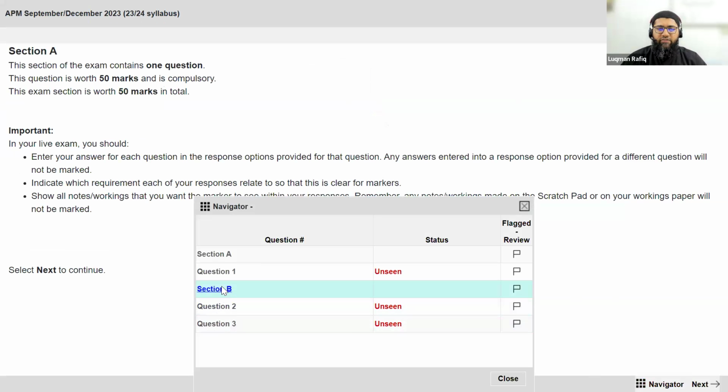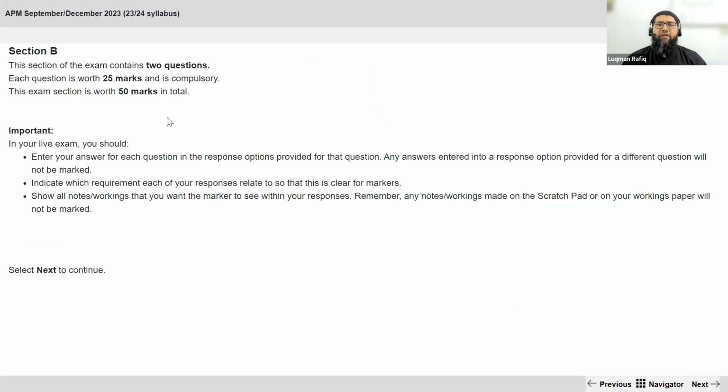I'm heading towards section B, and in this section B, there are two examination questions that you get. Each question is worth 25 marks in total, and there are 20 marks for the technical, and 5 marks for the professional marks. So that's how it makes it 25 marks in total. Now let's just start discussing.